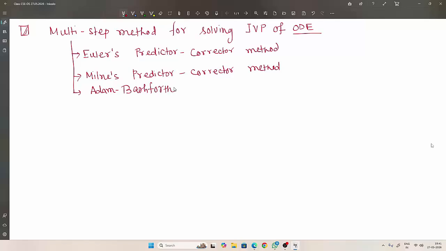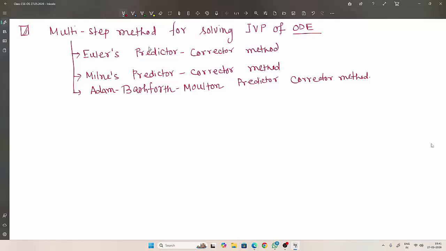I think F-O-R-T-H and M-O-U-L-T-O-N. It is also a predictor corrector method. Now, other methods are also there, but we are not going to cover all this. Like Adams-Bashforth method is also there.